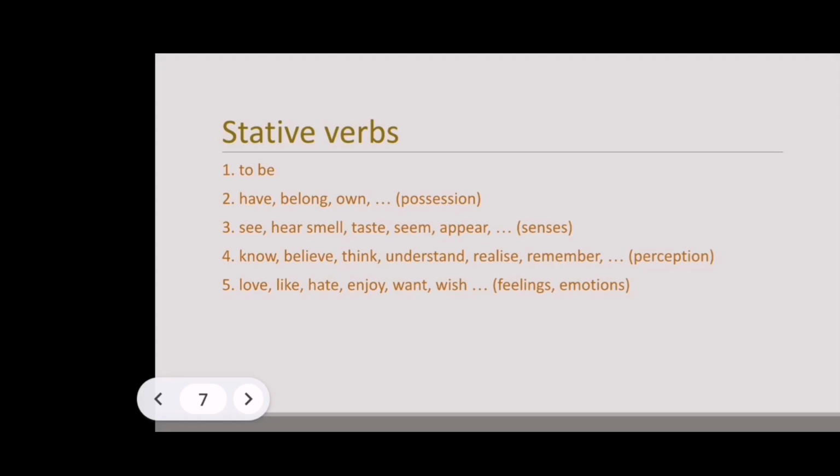There are lots of words, but if you can remember these five groups, then it will be easier for you to understand which words are stative verbs. And if we have stative verbs, then we use present simple with them, not present continuous. Try to remember.